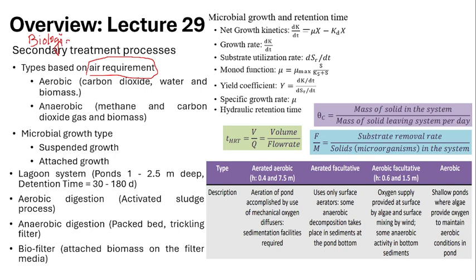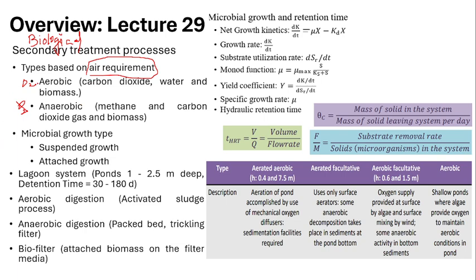Based upon the air requirement, it is classified into two types. One is the aerobic and the second one is the anaerobic. We all know aerobic means in the presence of oxygen. Anaerobic means in the absence of oxygen. So only anaerobic microorganisms are involved here.